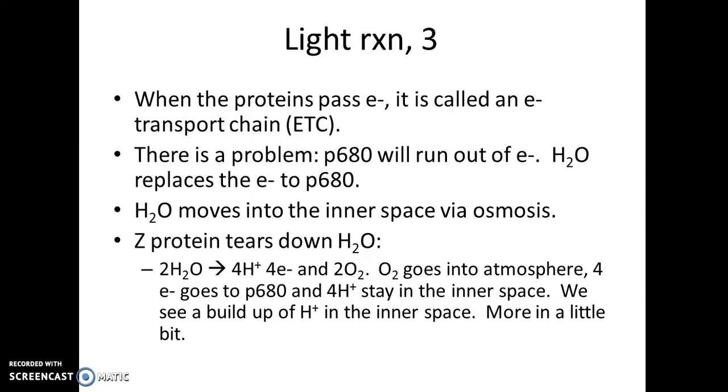It's called Z. It will tear down water in a series of reactions into 4 hydrogen ions, which we'll talk about in a moment, 4 electrons, which go to the P680, and 2 oxygen molecules will enter the atmosphere and allow us to breathe. So we get our oxygen from the tearing down of water to produce 4 electrons for P680.